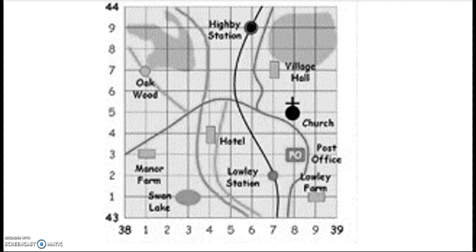So starting with the x-axis, we've got 6 going there, and across to the y-axis we've got a 9. We can see that 6 is between 38 and 39, and the 9, the y-axis, is between 43 and 44.